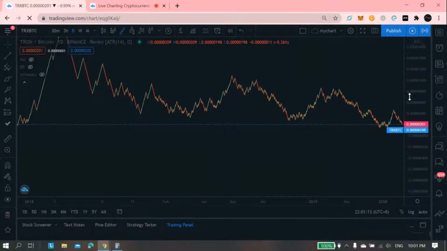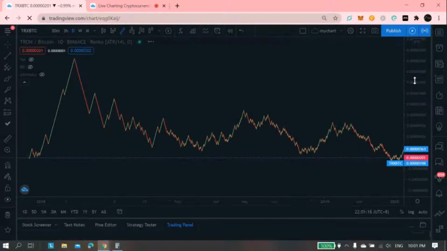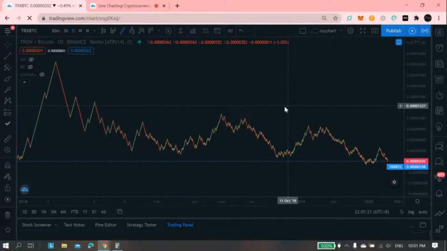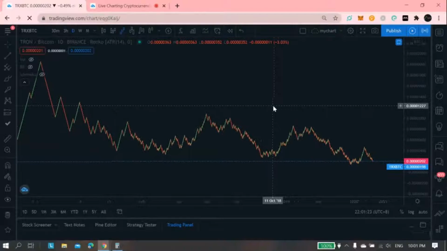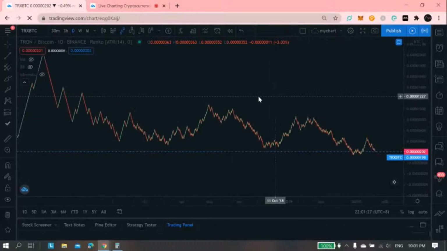I just don't trade it. Yeah, the majority of my trades are Bitcoin, Ethereum, and Litecoin. Of course, mostly Bitcoin. So yeah, I'm just checking the trend using the Renko chart.